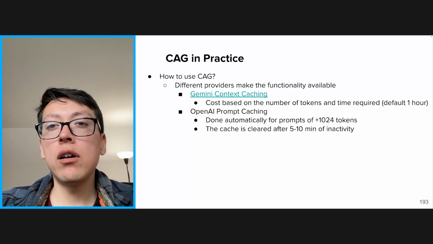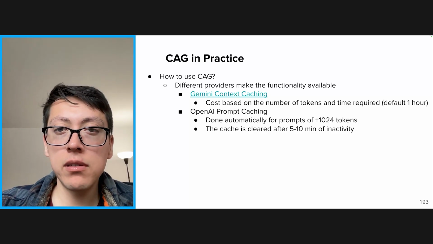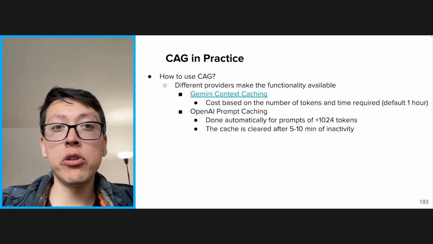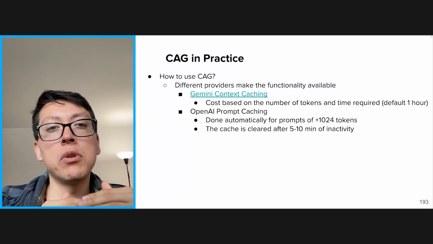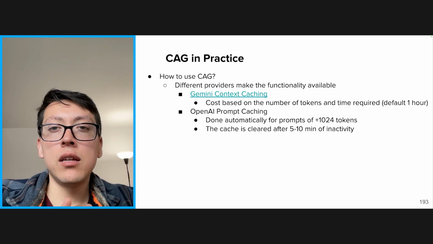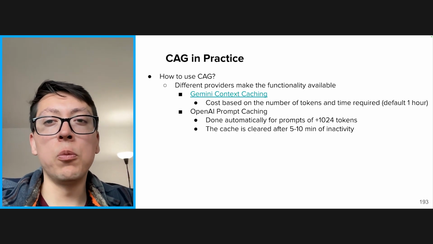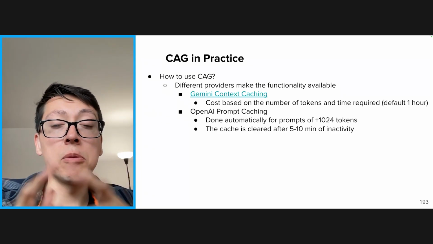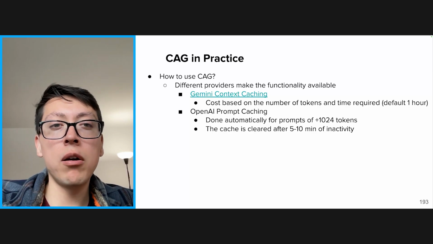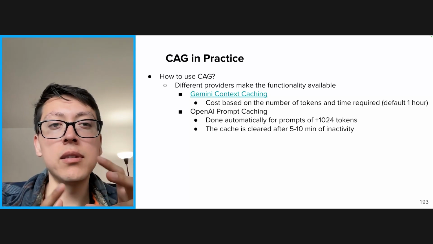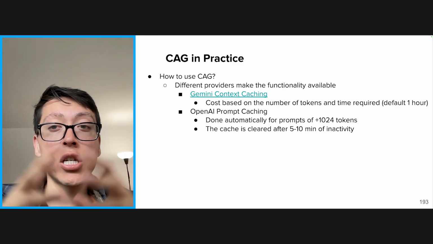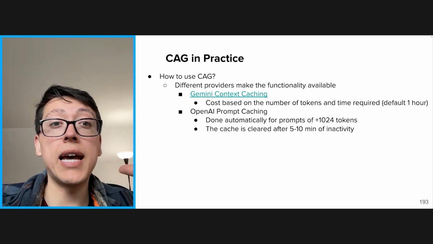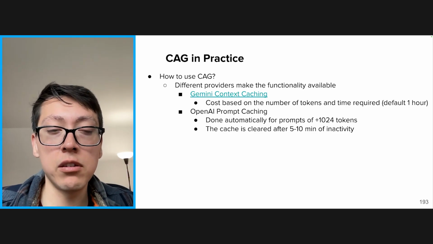Then you have automatic systems. For Gemini, it was manual. You had to specify, these are my documents, I want to cache them. Here with OpenAI, it's done automatically. Whenever your prompt is above around 1,000 tokens, the system will automatically cache the prompt, and the cache will remain active for at least 10 minutes of activity.